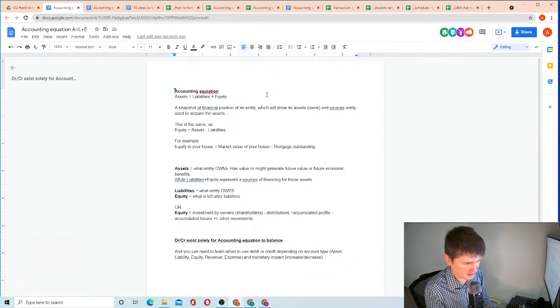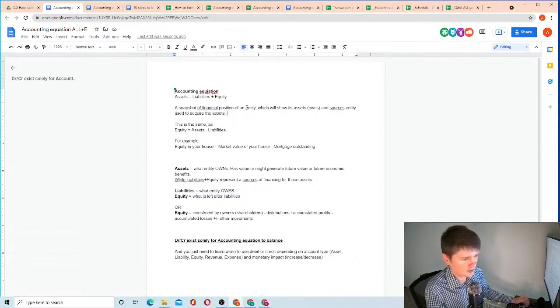And that was the source for the entity's assets. And if you acquire something with debt, with a mortgage or bank loan, even if it's cash, you will have more cash on your balance sheet, but you also have an additional liability on your balance sheet. And one should always equal the other.